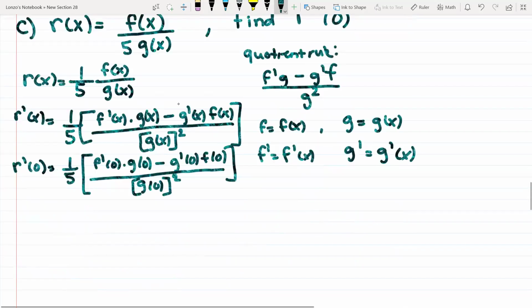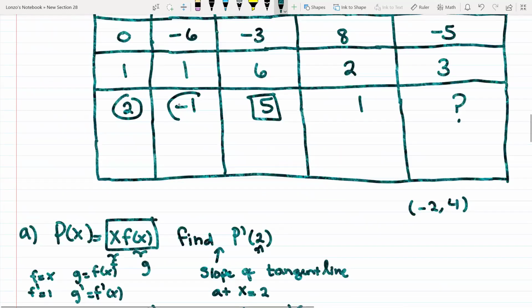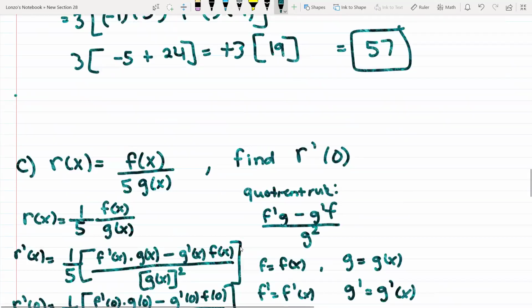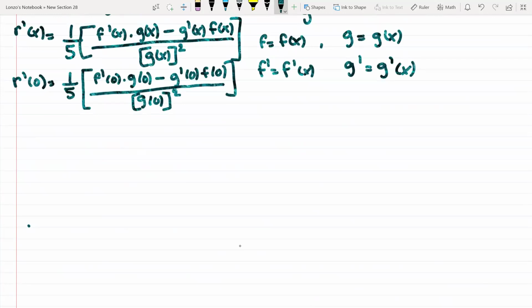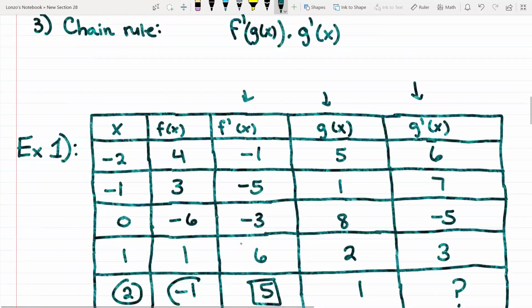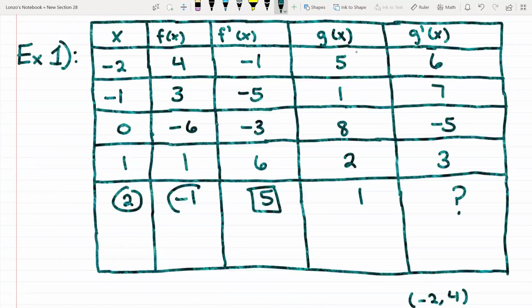Okay, so let's look at our chart. What is F prime of 0? Here's the F prime column, and then 0 gives you an output of -3. So F prime of 0 is -3 times G of 0. Here's the column G. 0 has an output of 8.